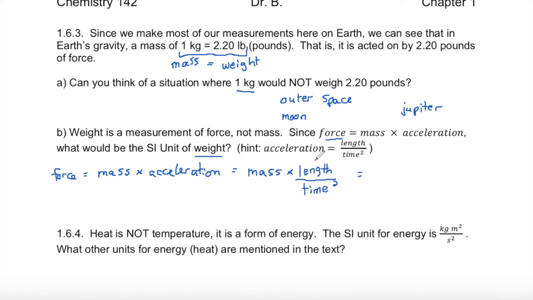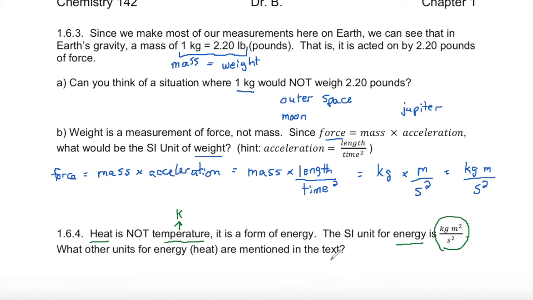And now we have properties that we know the SI units of. We have kilograms for mass, meters for length, and seconds for time. The SI unit for temperature is kelvins. That's in the table up above. But heat is not the same. The unit for heat would be the same as the unit for energy. And the SI unit for energy would be kilograms times meters squared over seconds squared.